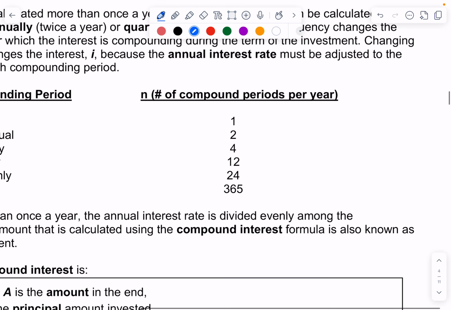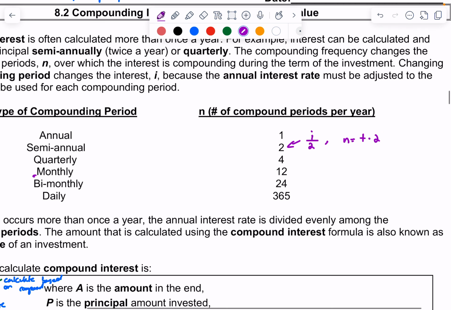To give you an idea of how to change your I and your N, for semi-annual you go I over 2, and your N would be whatever time they give you times 2. Take the monthly one: you take whatever interest rate they give you and divide it by 12 because there are 12 months in a year.